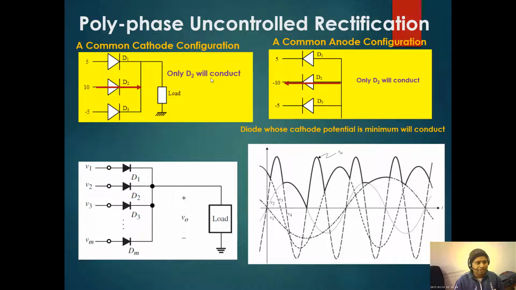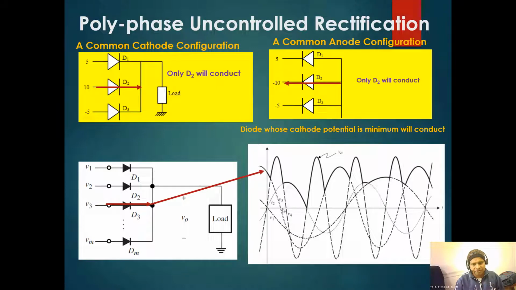We have seen that D2 conducted in the common cathode because the anode potential of D2 is high. Similarly, we have V1, V2, V3 up to V4, and whichever has the highest potential will conduct. For example, V1.